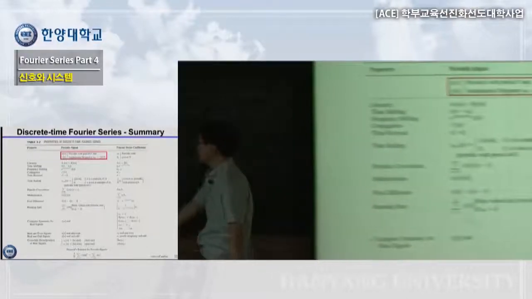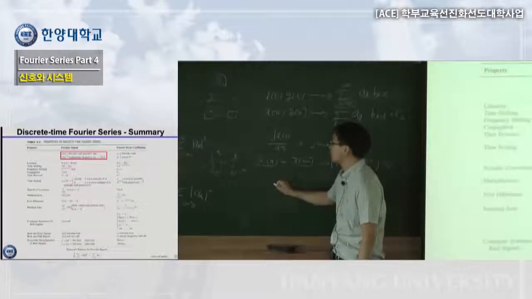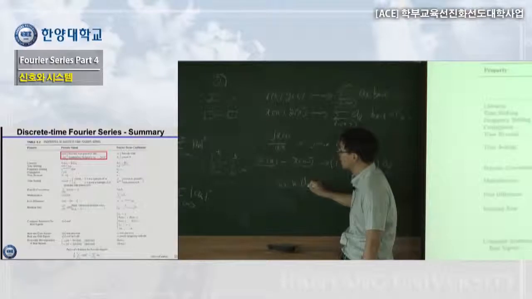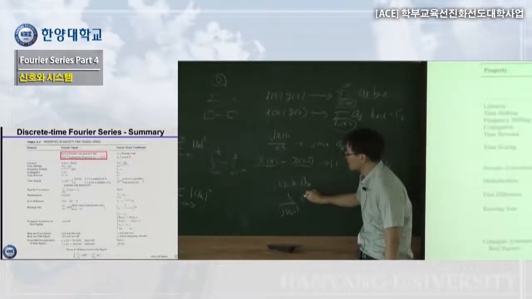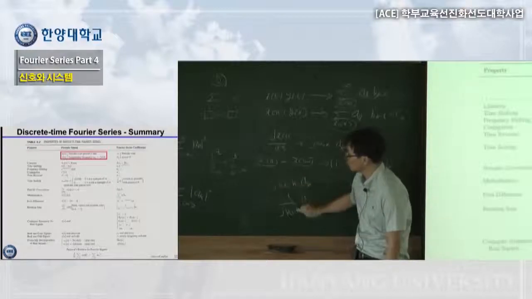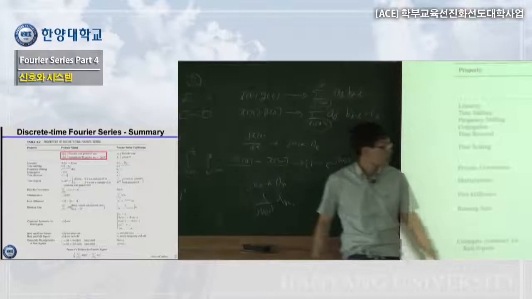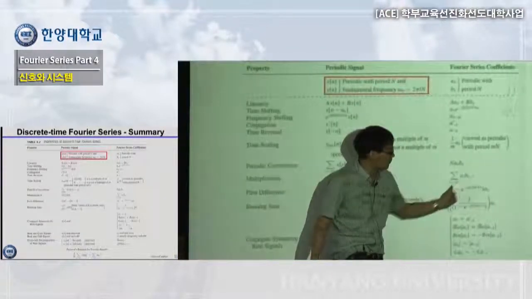So if you remember the continuous time, differentiation will be given like this, and integration will be given like this. So this one goes to the numerator of this, which is this relationship. But in case of discrete time, they are not the same.